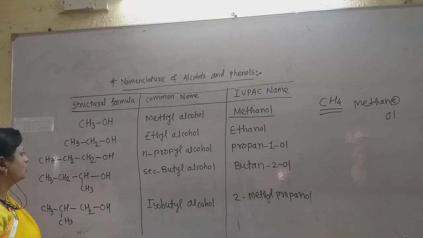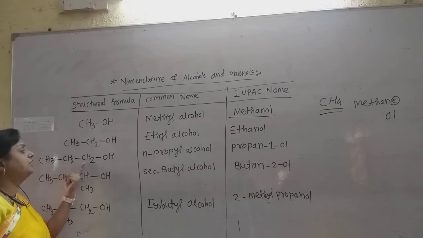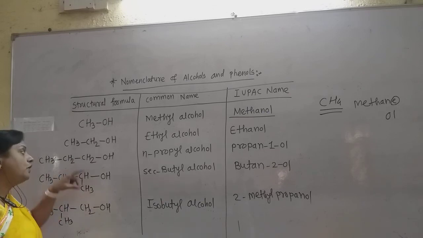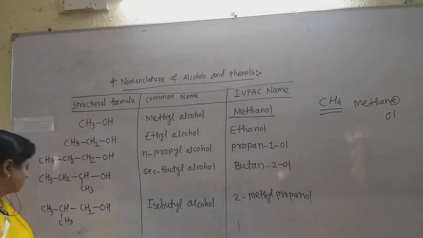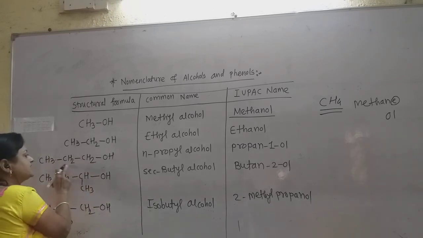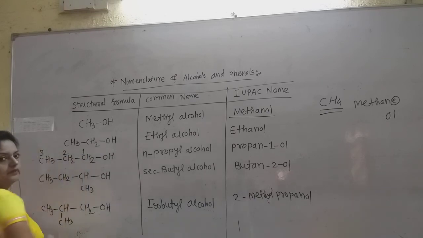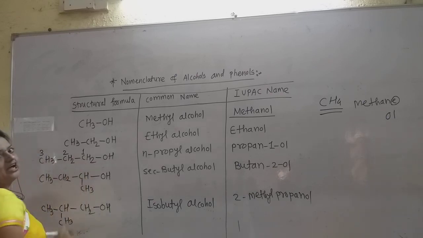Now in this alcohol there are 3 carbon atoms, so number the carbon atoms from the side which has the nearest OH group. The OH group is attached to this CH2 carbon atom, so I give the number from this side: 1, 2, 3. Now the OH group is attached to the first carbon atom.